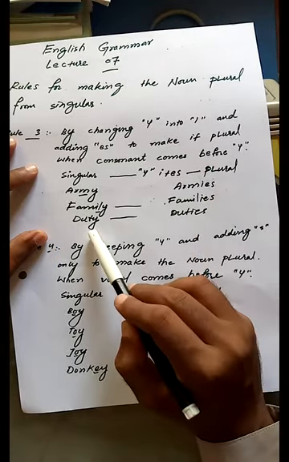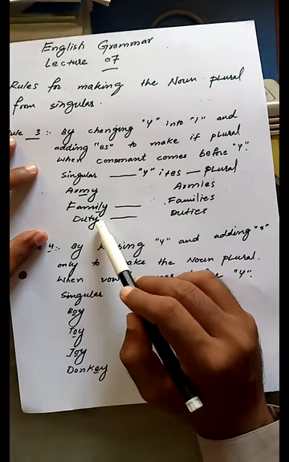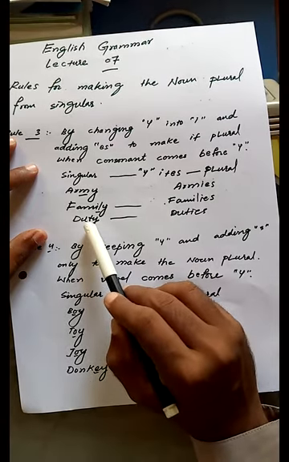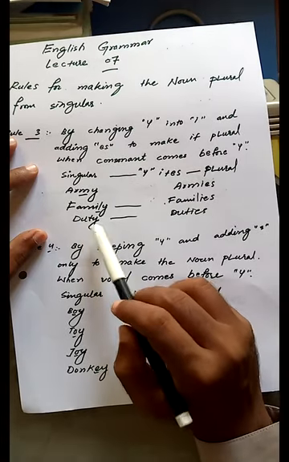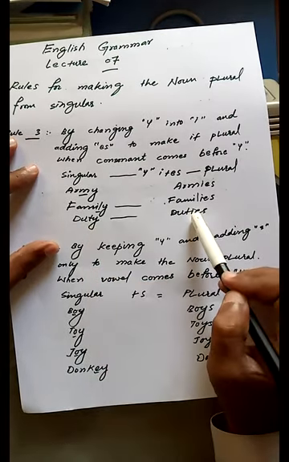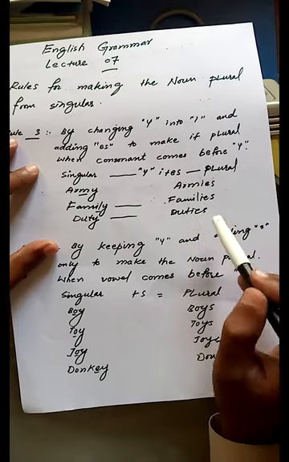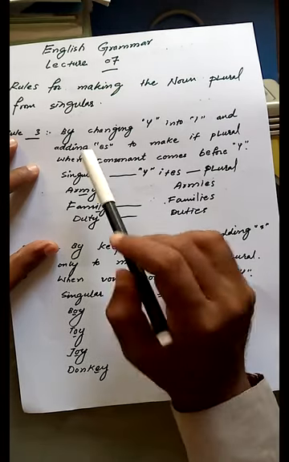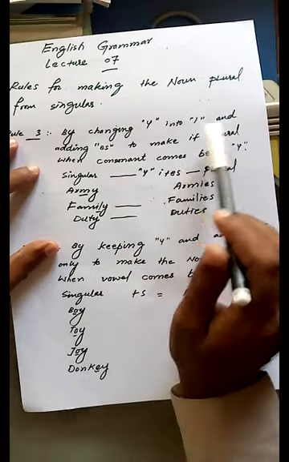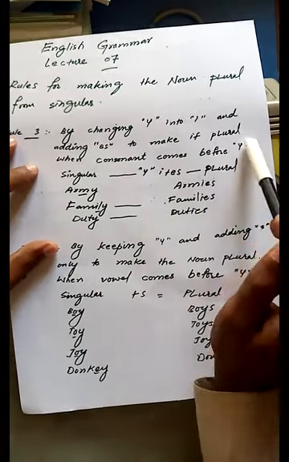Number 3, duty. It ends on y after a consonant or vowel? Is t a vowel or consonant? It is also a consonant. So y will be changed into i and es will be added to make the noun plural. Because this rule denotes that by changing y into i and adding es we make it plural.